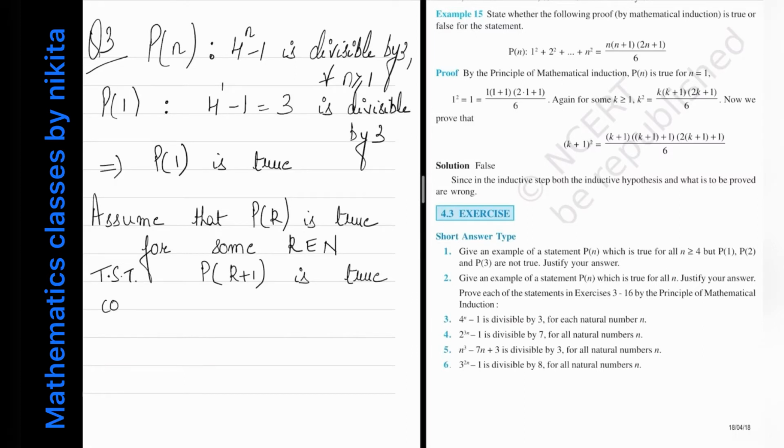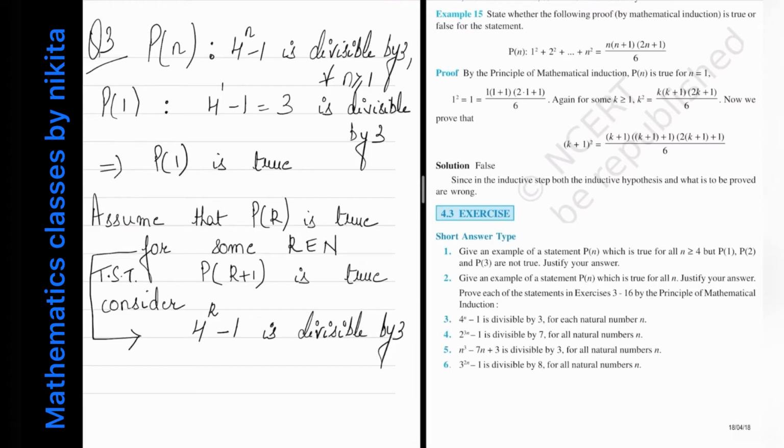For this, consider, first of all, note one thing: we have assumed that P of k is true for some k belonging to n. So from here, I forgot to write, we get that 4 to the power k minus 1 is divisible by 3.